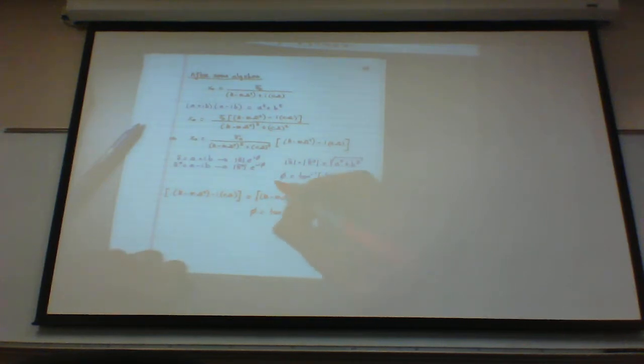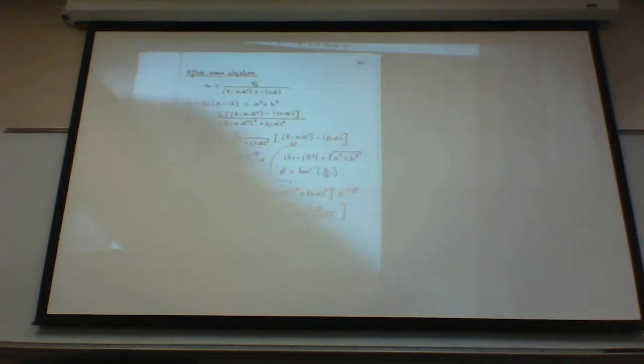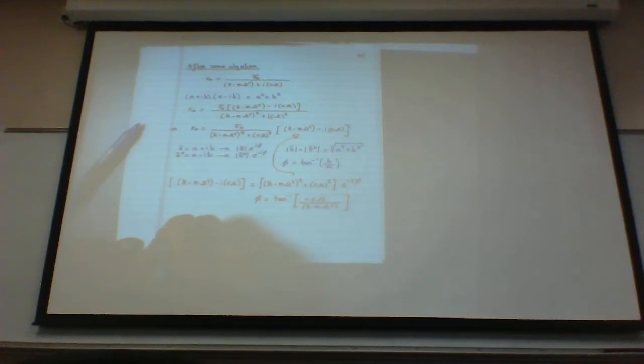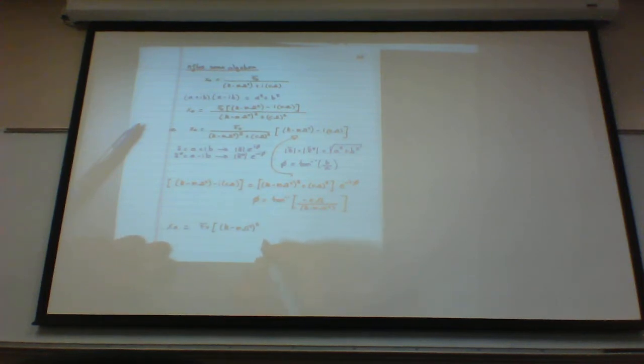So now we substitute this one over here. What do we get? x sub naught will be equal to, let's just do the top, f sub naught, k minus m omega squared, plus c omega squared.